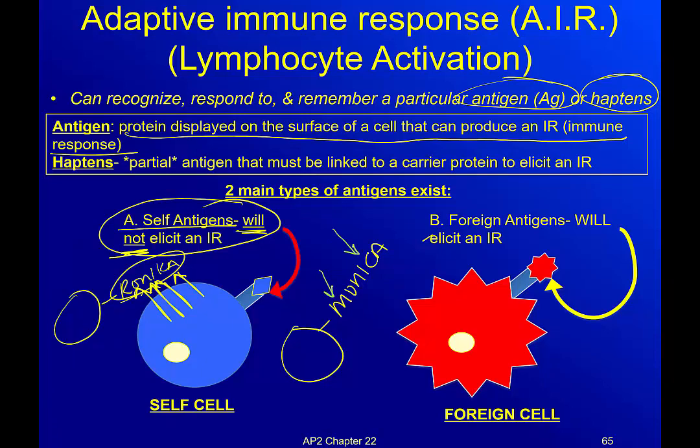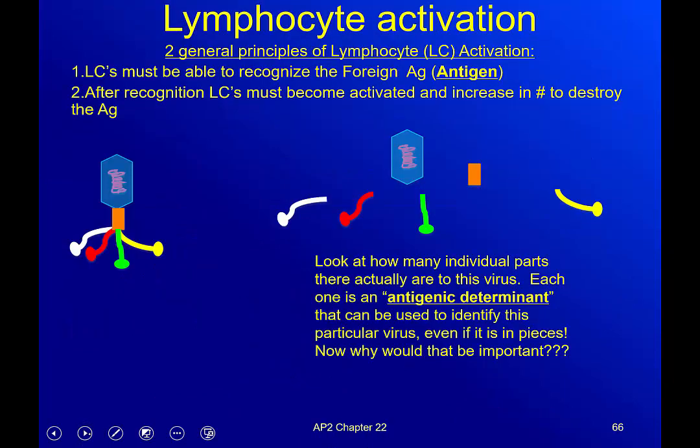So what it recognizes as being foreign are the parts that don't look normal. So self-antigen looks normal. Foreign antigen, not so much. And it's the foreign antigen that's going to basically raise the alarm that there's something wrong.